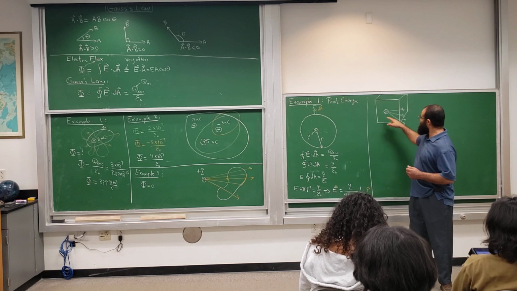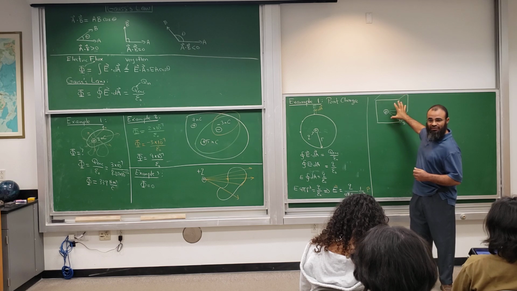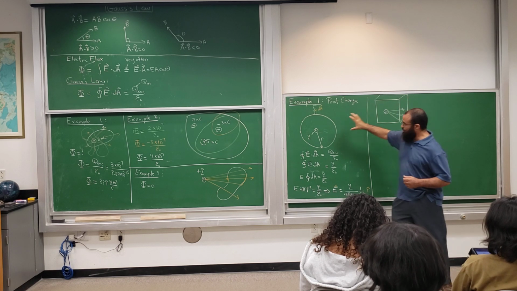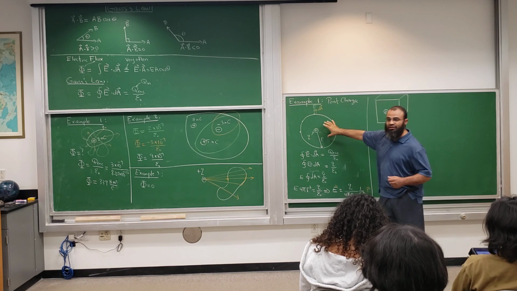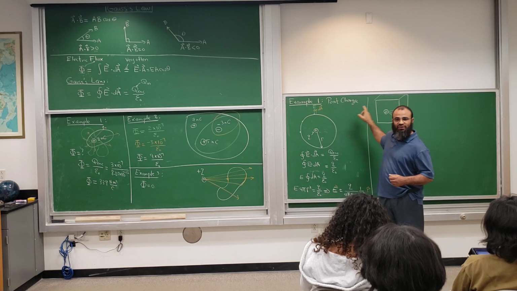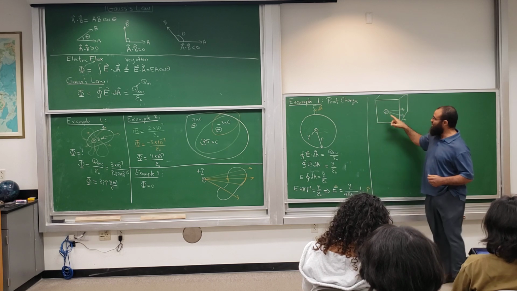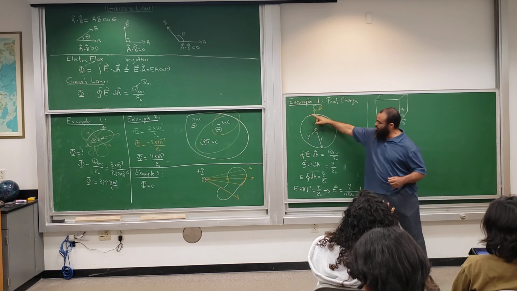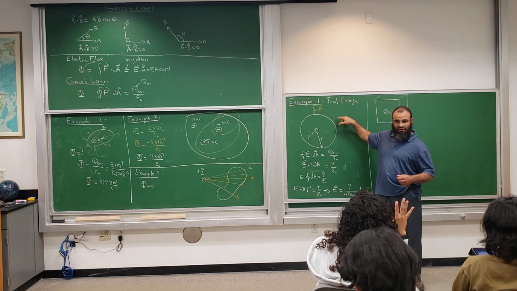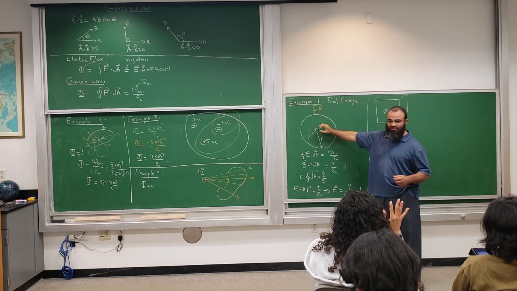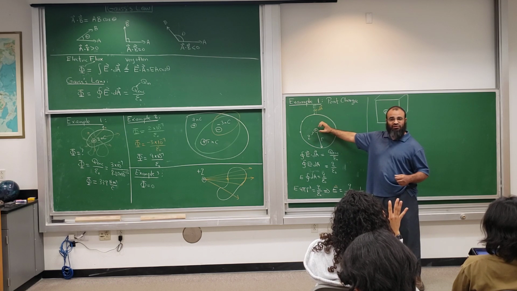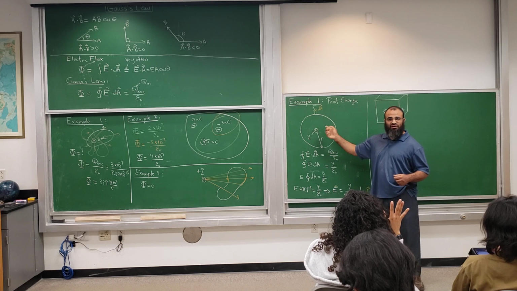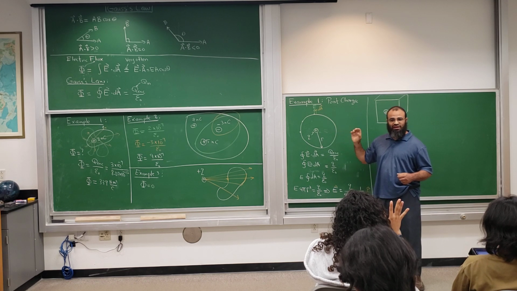So I'm saying this box is a bad idea to use instead of a sphere. That's what I'm trying to say. The shape that you use for your surface must match the symmetry of the charge distribution. In this case, it's a point charge, so it would be spherical symmetry.